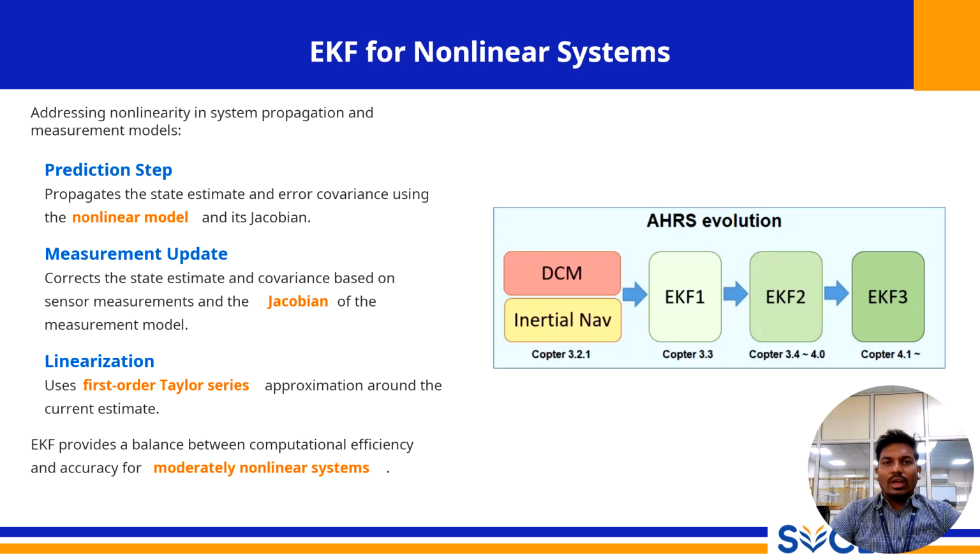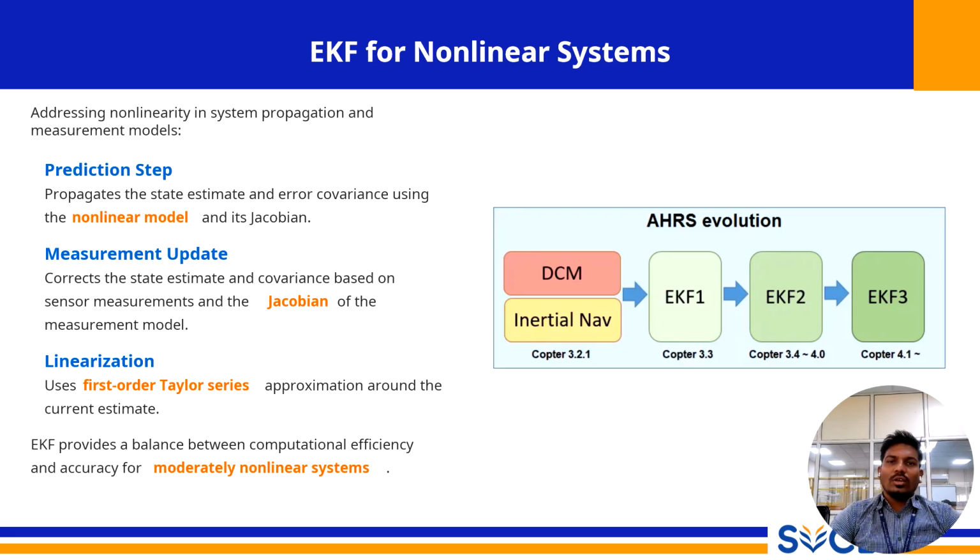It makes an educated guess about where the drone is now and how it is oriented. Crucially, it also predicts how uncertain it is, known as the error covariance. It also predicts that uncertainty will grow over time without new information.